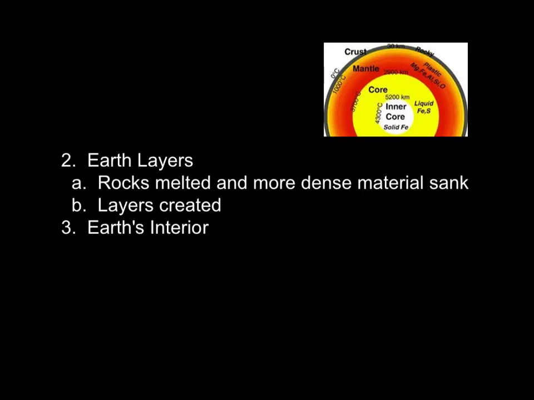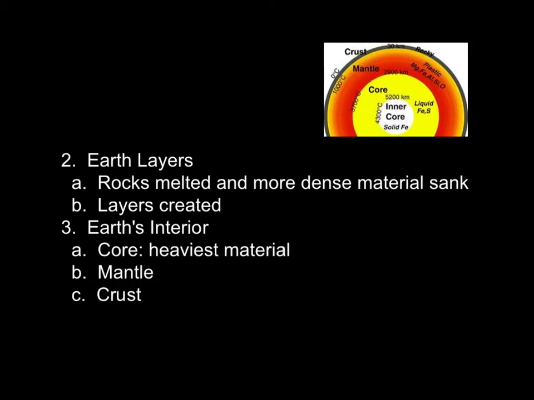Now we want to have a little discussion on the Earth's interior. The three layers of the Earth's structure are definitely going to be reviewed from previous science classes you had in elementary school or earlier in middle school. They are the core, the mantle, and the crust. The core is where those dense particles sank to, and it's where you'll find the heaviest material.